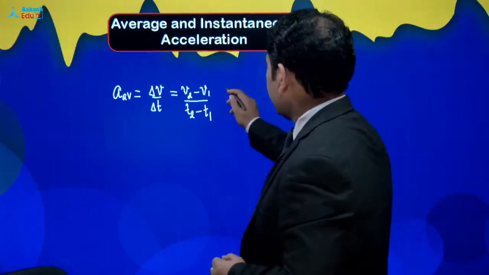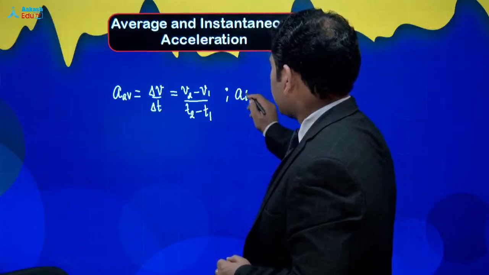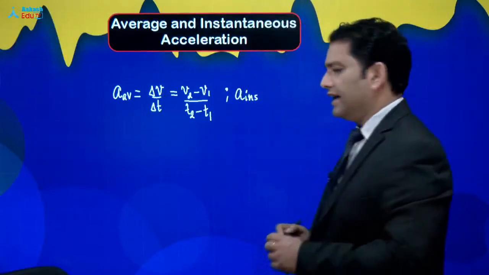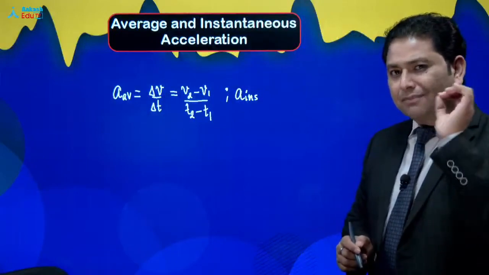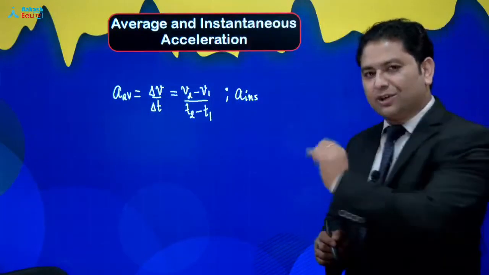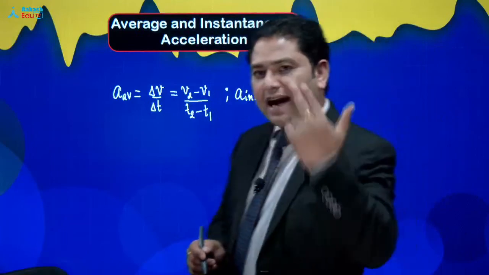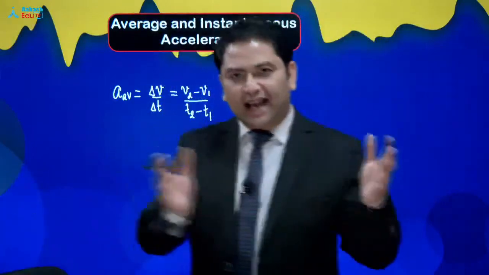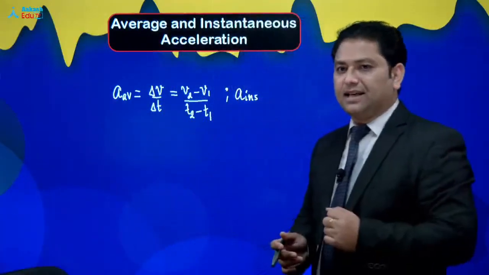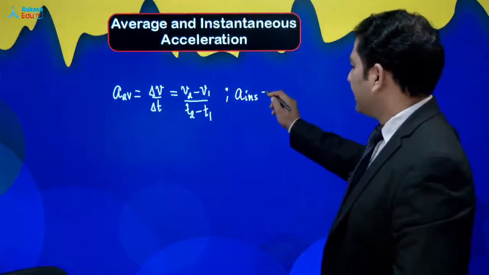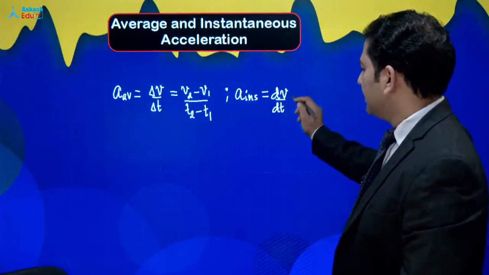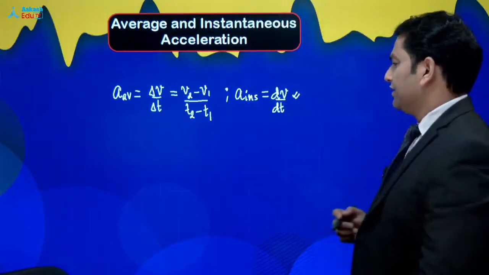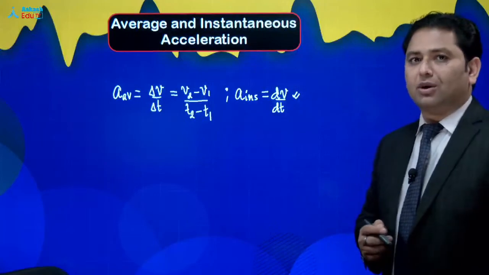While on the other hand, the instantaneous acceleration is defined at one single instant of time. एक पल के लिए. Like if you see the word acceleration at 3 seconds, acceleration at 4 seconds, precisely एक point पे define करते हैं, and that is equal to dv by dt, the derivative of velocity wrt time.